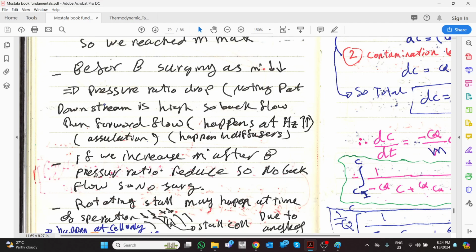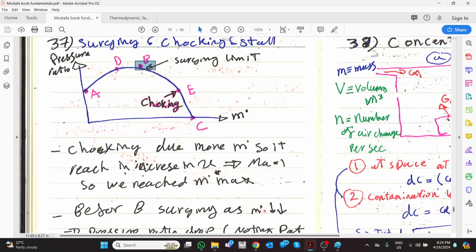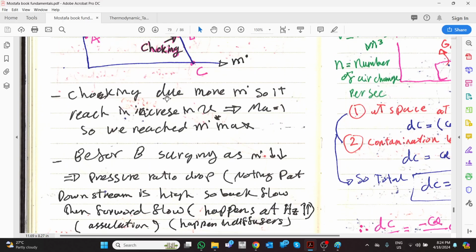In the opposite case, if we increase the mass flow after B, so if we are here but we increase after B, it is safe. Why? Whatever we go after B, the pressure is still under B. So it is safe, same concept.